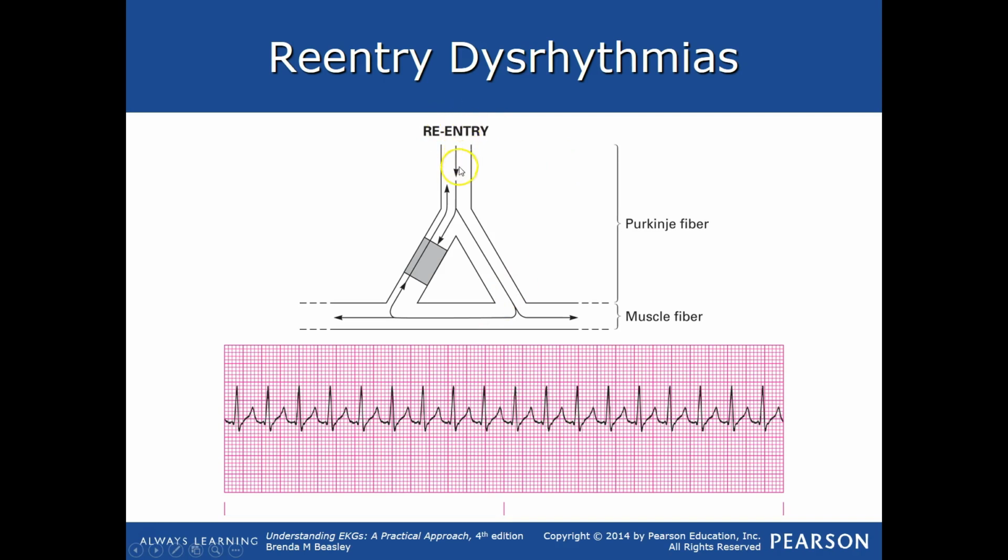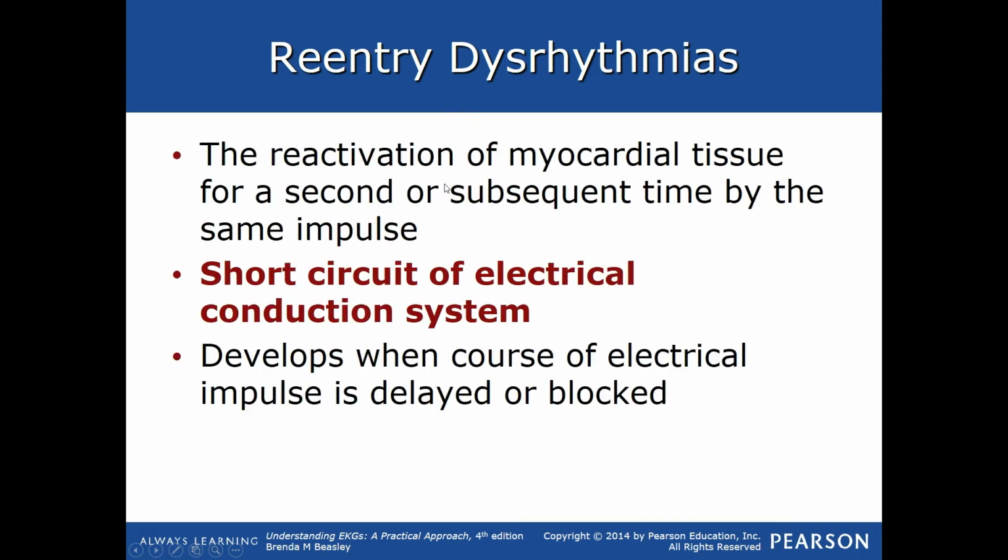So this impulse is moving this way, and it activates the muscle fiber, and instead of going out into the muscle fibers and going away after the contraction, it makes a sharp little turn and goes right back. Well, then it just becomes this type of deal. So it comes through here and is reused over and over, or at least twice, really. So essentially it is a short circuit.